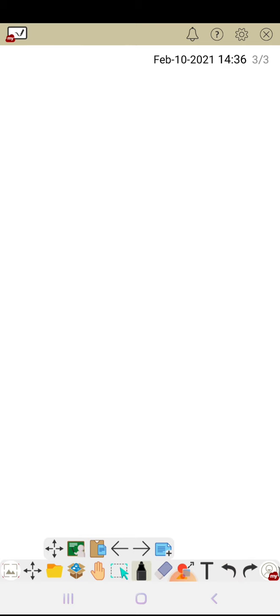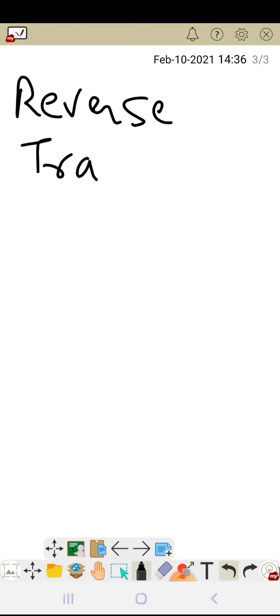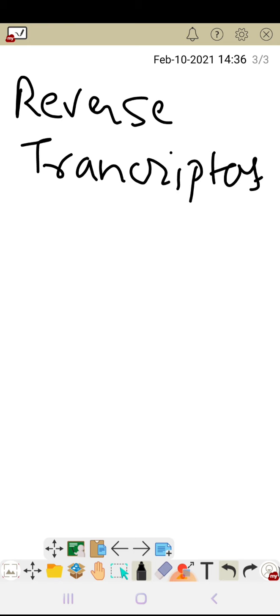Let's move to our next enzyme, reverse transcriptase. Reverse transcriptase is also known as RNA directed DNA polymerase.